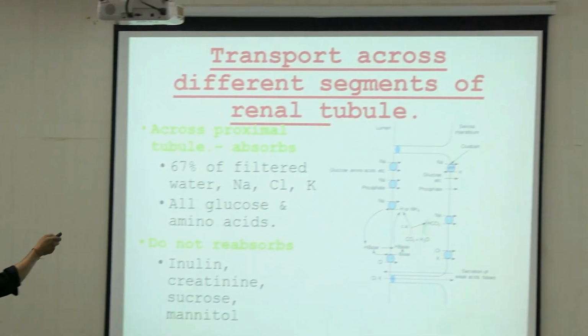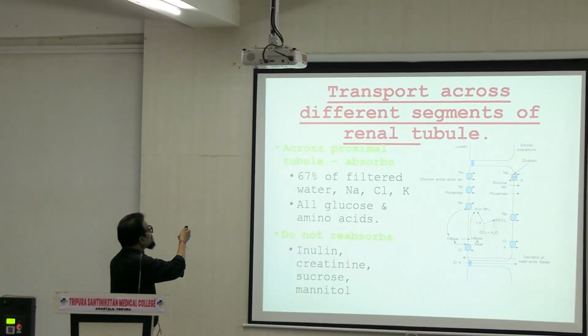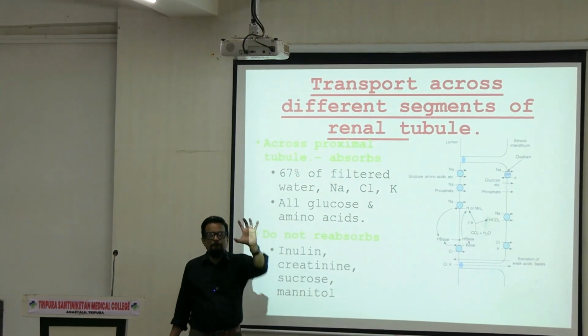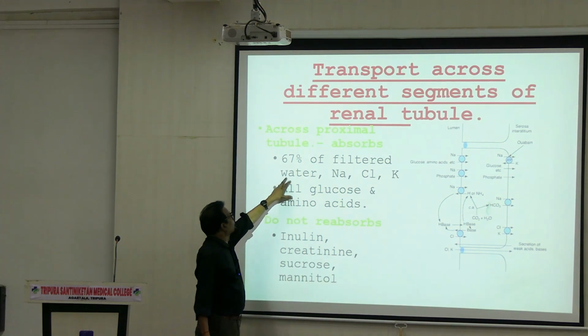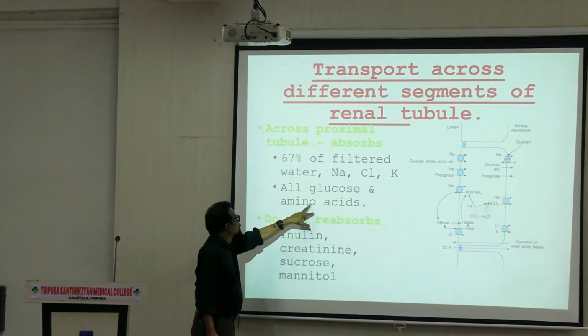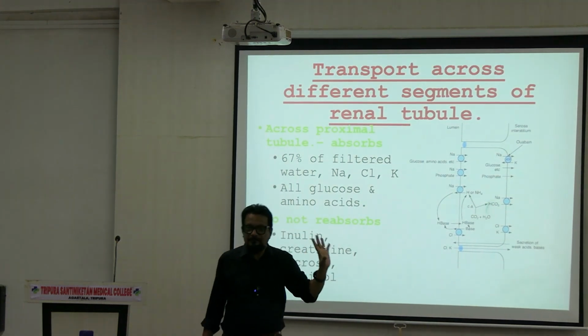Transport across the different segments of the renal tubule, and across the proximal tubule. See, the proximal tubule is very important. 67% of the water, sodium chloride, potassium, glucose, amino acids, all are absorbed in the proximal tubule.